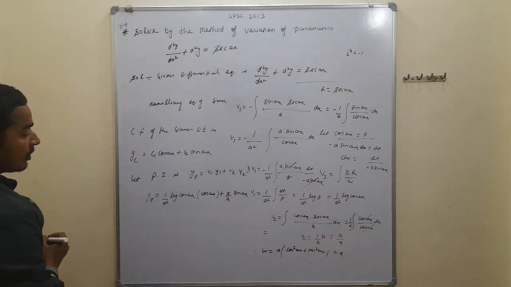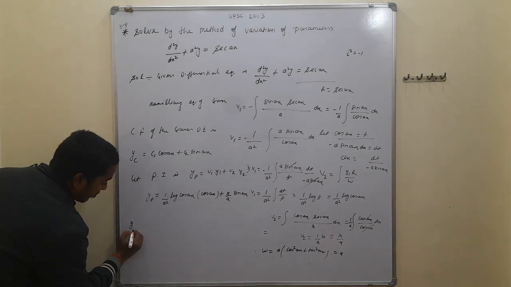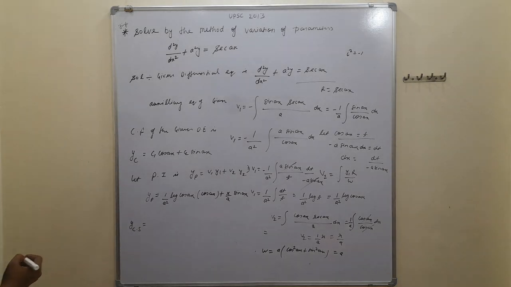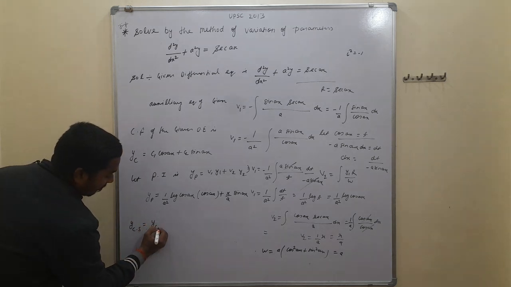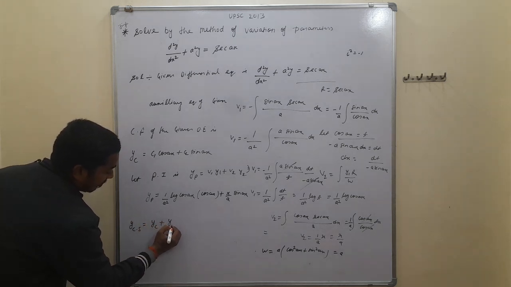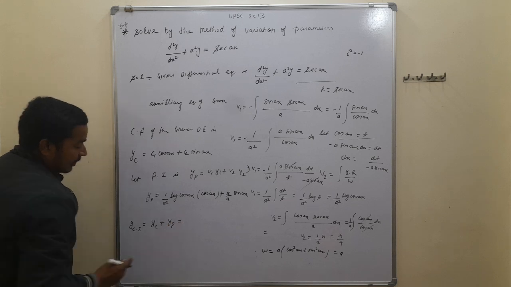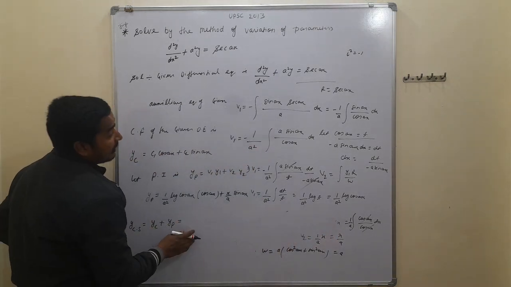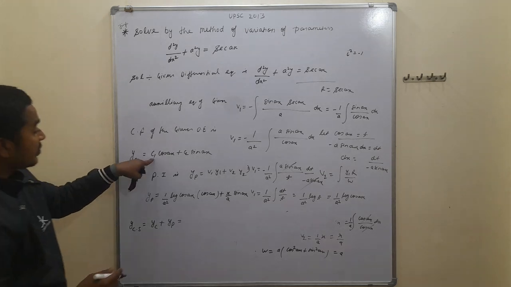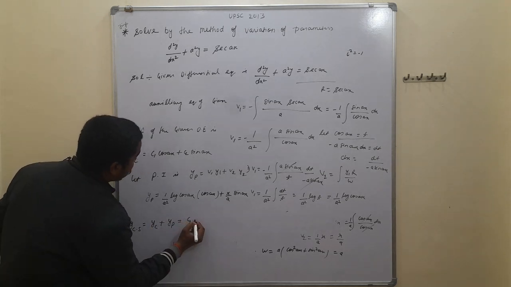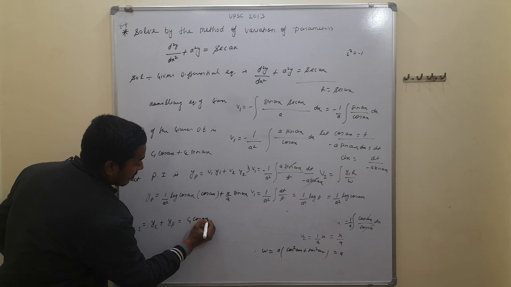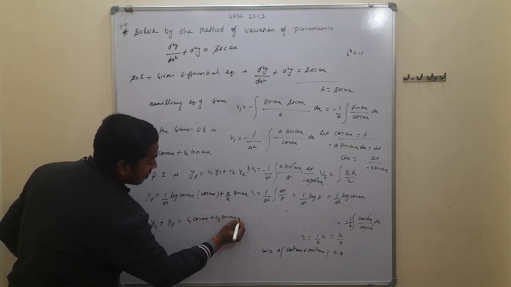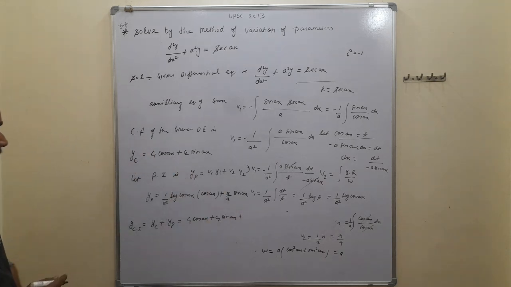And we have to write the complete solution. The general solution, or complete solution, is given by complementary solution plus particular integral. The complementary solution is c1 cos ax plus c2 sin ax, plus we write here the particular solution.